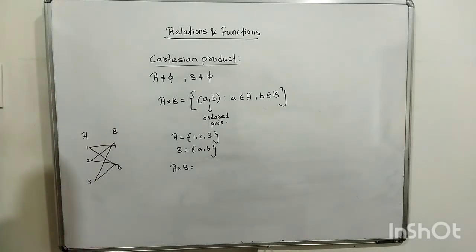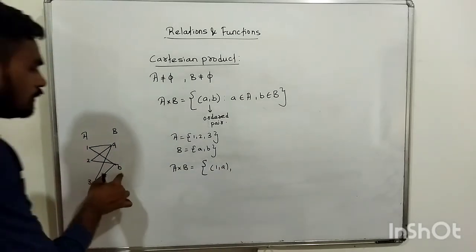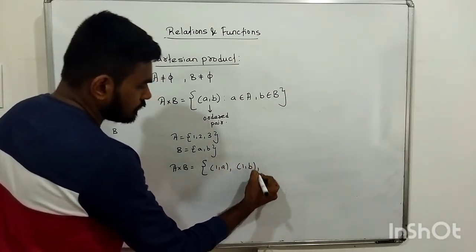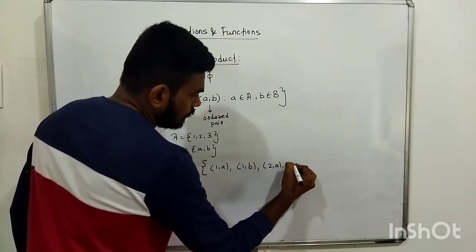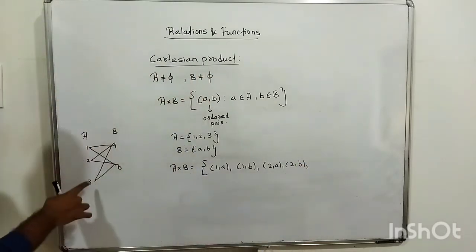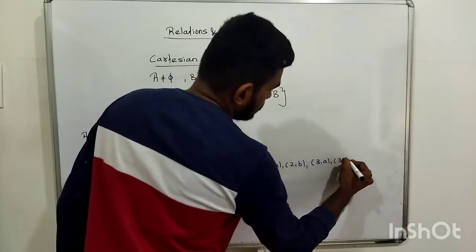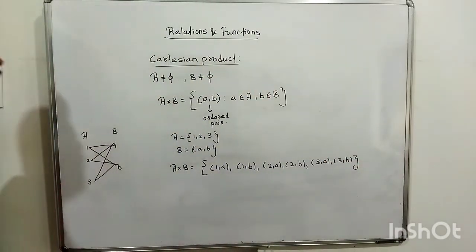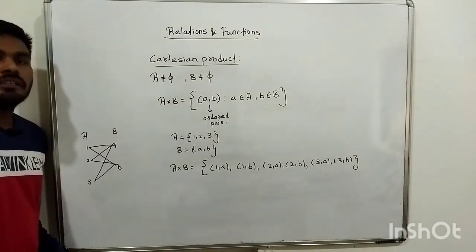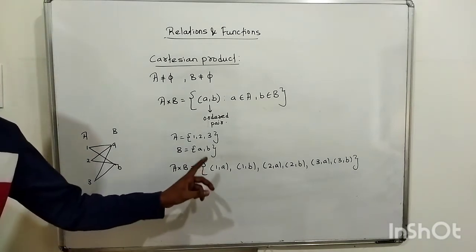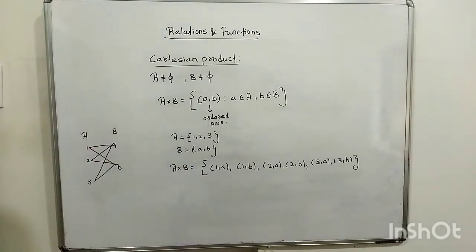These are the different pairs that we can get: (1, a), (1, b), (2, a), (2, b), (3, a), (3, b). So these are the different pairs that we can make such that the first element of the pair is from the first set and the second element is from the second set.